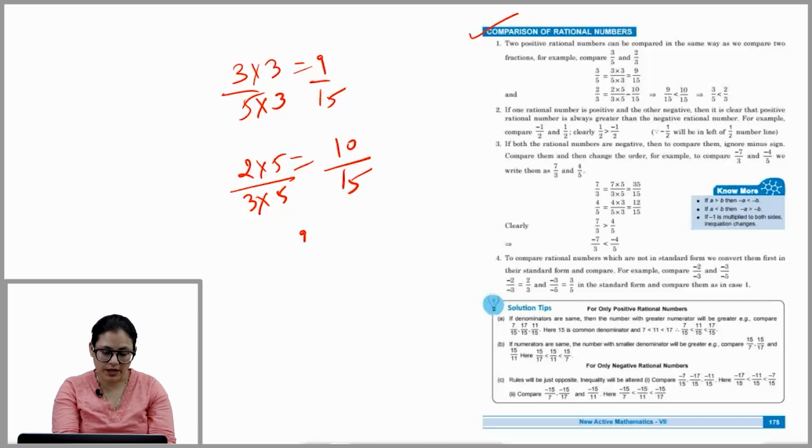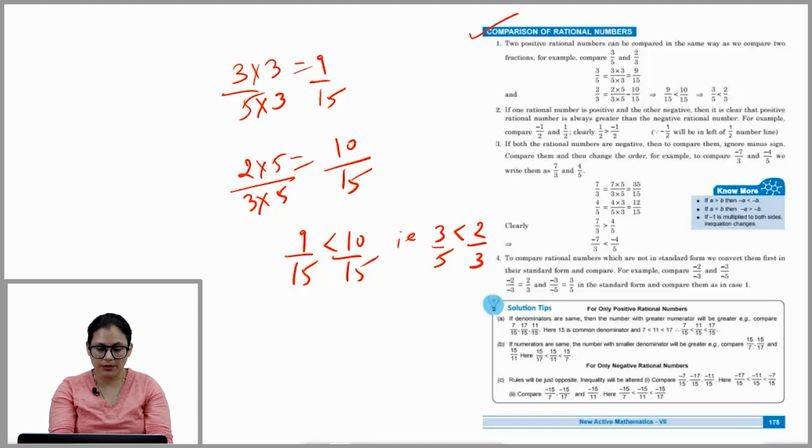So 9 by 15 is less than 10 by 15, that is, 3 by 5 is less than 2 by 3. Number 2. If one rational number is positive and the other negative, then the positive rational number is always greater than the negative rational number. For example, compare minus 1 by 2 and 1 by 2. Clearly 1 by 2 is greater than minus 1 by 2, because minus 1 by 2 lies to the left of 1 by 2 on the number line.